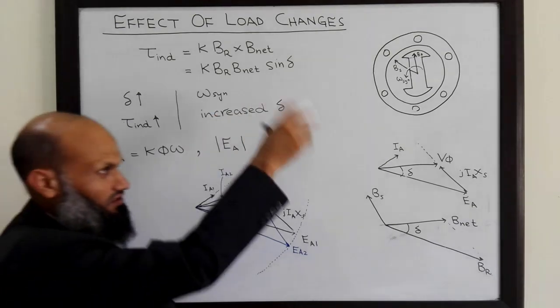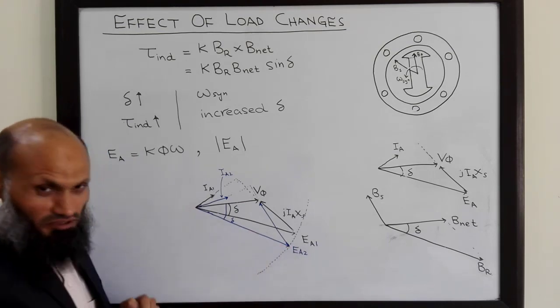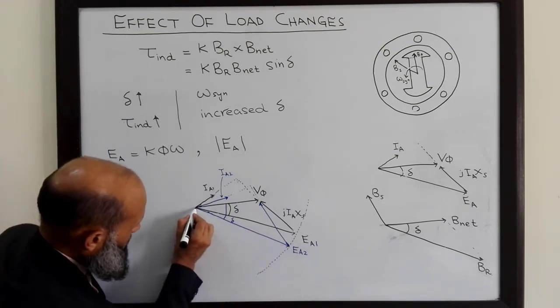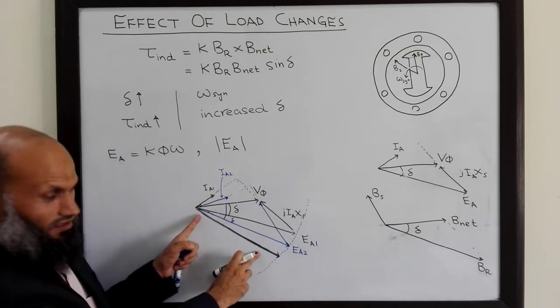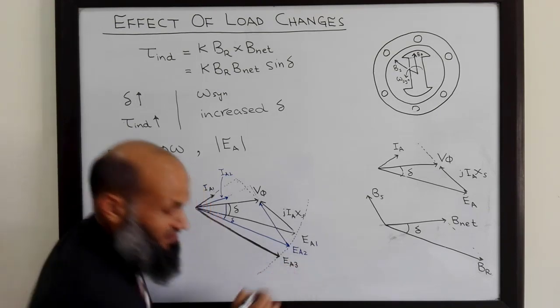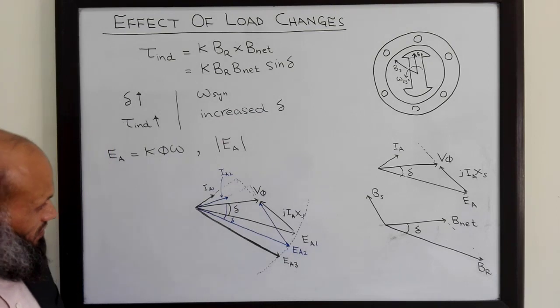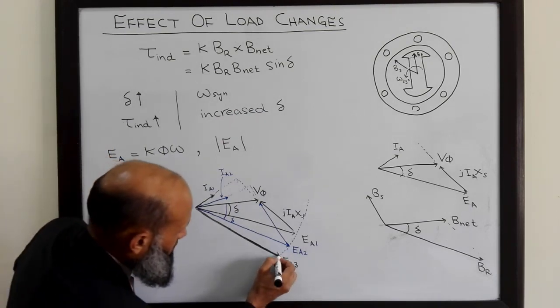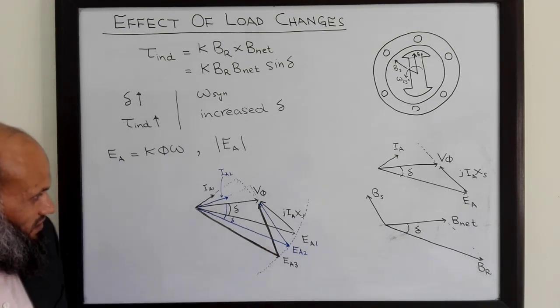If you further increase the load, the torque angle further increases, while the length of this remains the same. So let's draw this situation over here. This thick line corresponds to EA3, that is a further increase in the load torque, and then this is jIA3 XS.